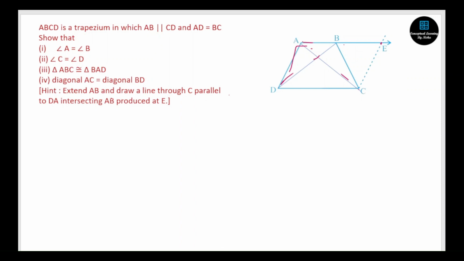Now after this construction, what can I say? AD equals CE, correct? We have taken this construction, so let me write it. AD is parallel to CE, and AD equals CE based on the construction.